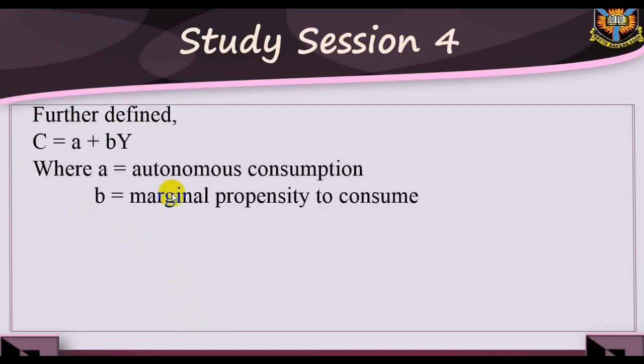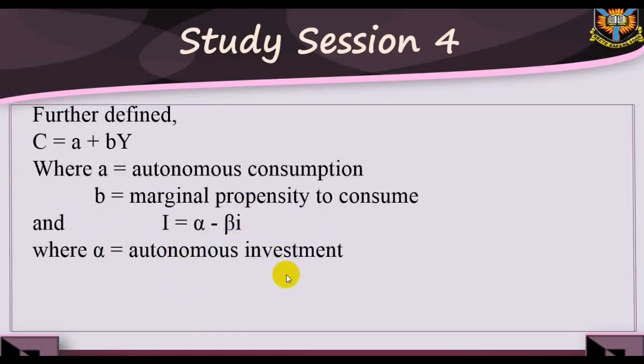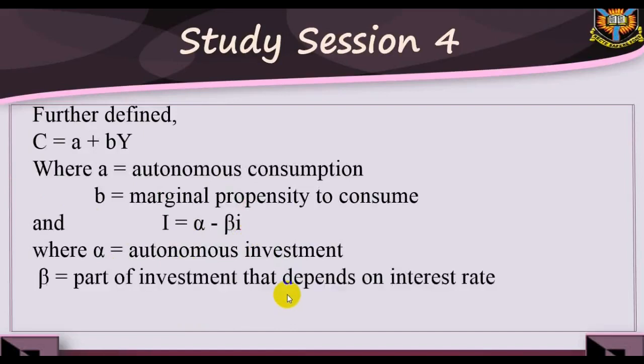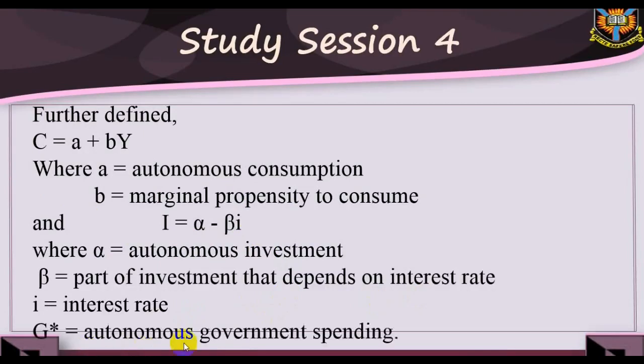Further defined, C equals A plus BY, where A equals autonomous consumption, B equals marginal propensity to consume, and I equals alpha minus beta i, where alpha equals autonomous investment, beta equals part of investment that depends on interest rate, and i equals interest rate. G asterisk equals autonomous government spending.